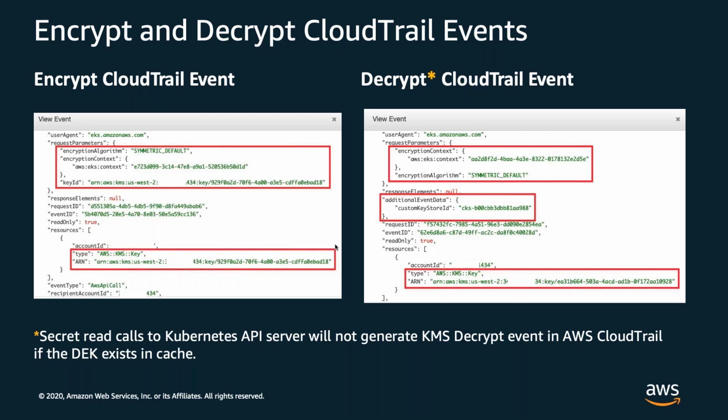And on the right, you can see the CloudHSM custom key store, which was used to decrypt the secret. So you can integrate this with your monitoring solutions and provide visibility to your security teams or monitoring teams around how the secrets are being used within your cluster.